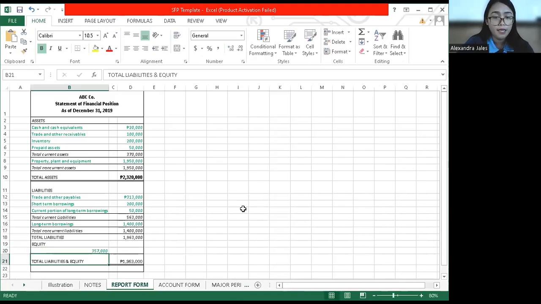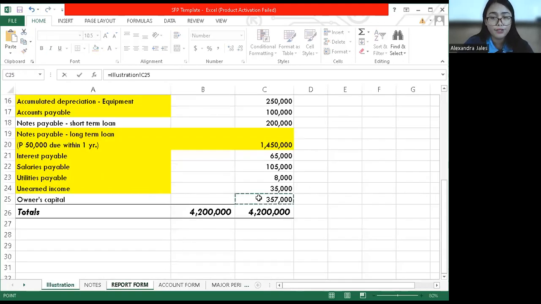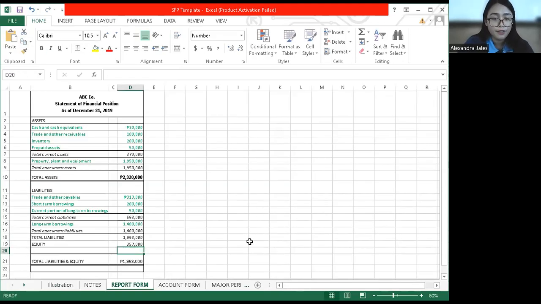And for your equity, we have here your owner's capital. Sorry, for a moment. I think I need to write it here. So we have to write the account first, okay?